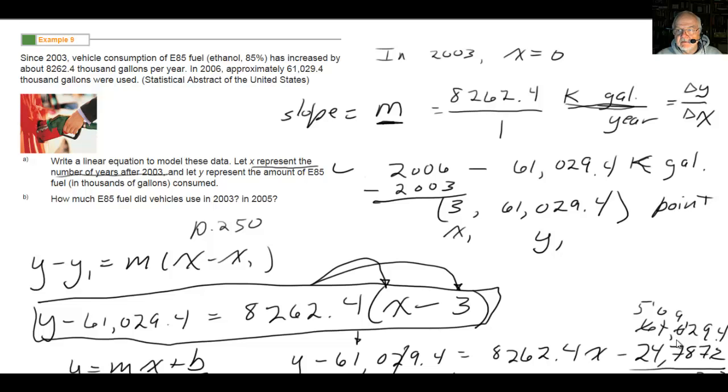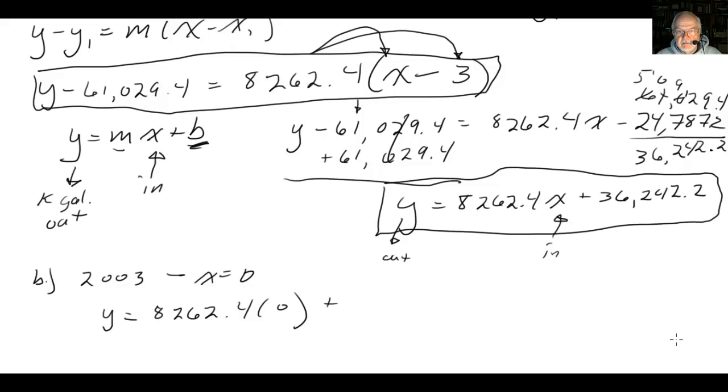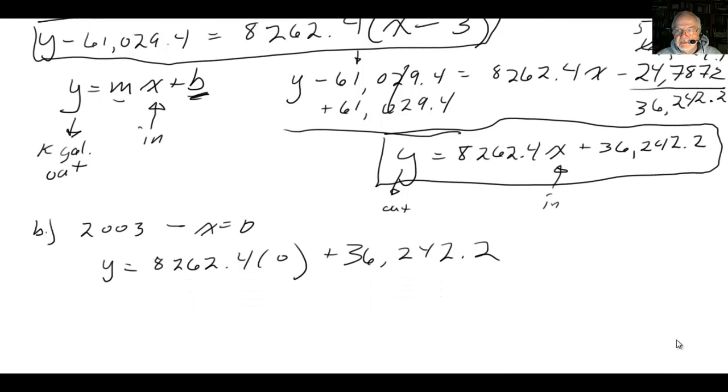2003 was year 0. So we're going to plug 0 in for x. In part B, 2003 means that x equals 0. So I plug that in. Y equals 8,262.4 times 0 plus 36,242.2.